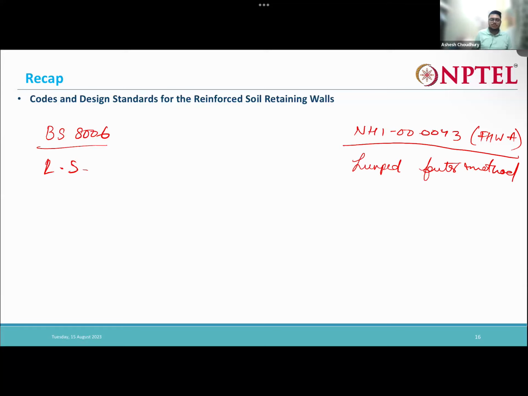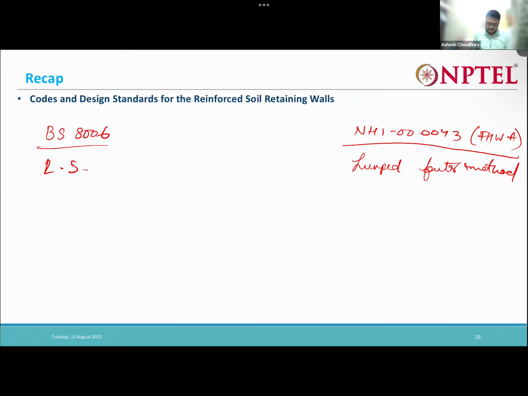BS 8006 covers everything, starting from polymeric reinforcement such as geotextiles and geogrids, then steel reinforcement, reinforced walls, reinforced slopes, and anchored earth, everything. But the NHI does not comment on anchored reinforcement, so BS 8006 is more vast from that point of view.